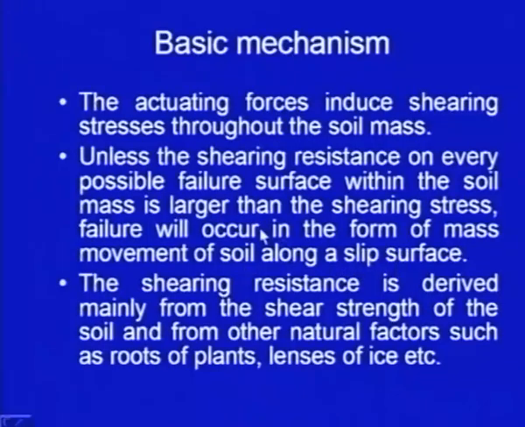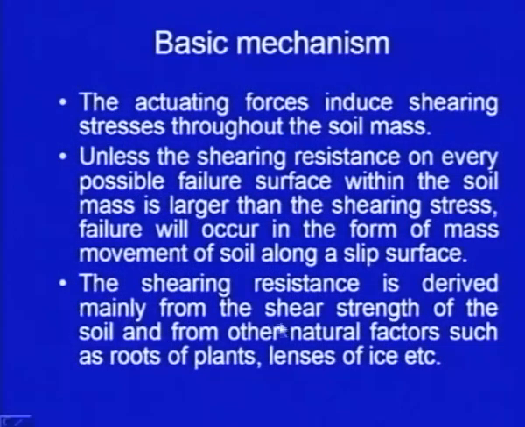As I told you, there are actuating forces, and those actuating forces are going to create shear stresses. Now, these shear stresses have to be resisted by the shearing strength of the material, and there can be an infinite number of potential failure surfaces.